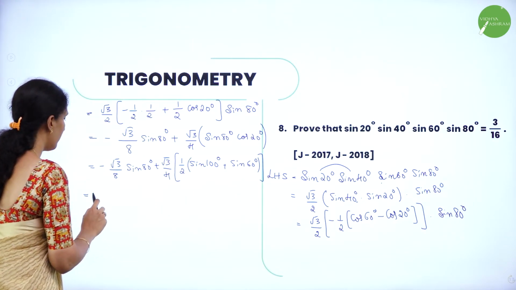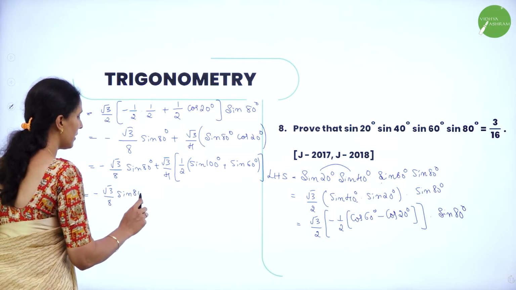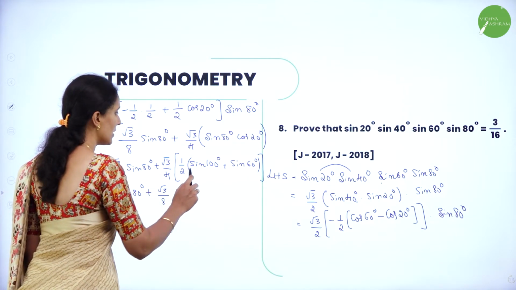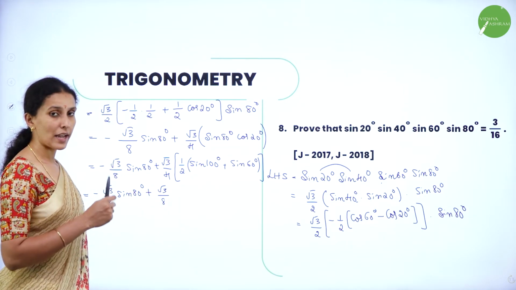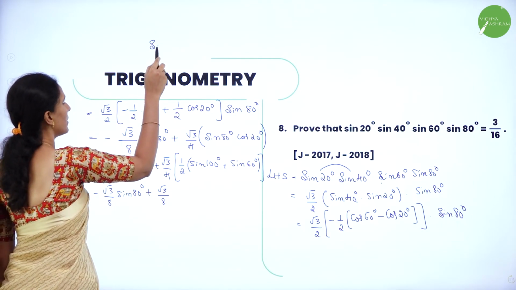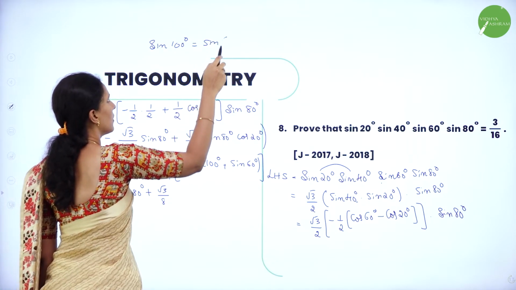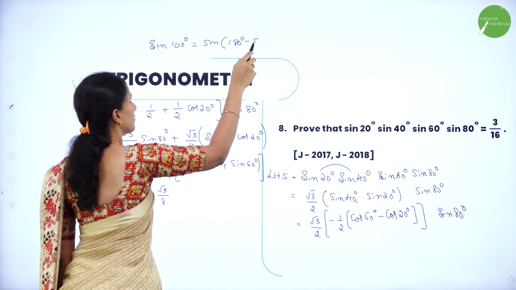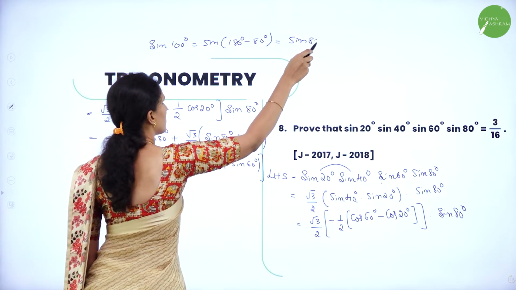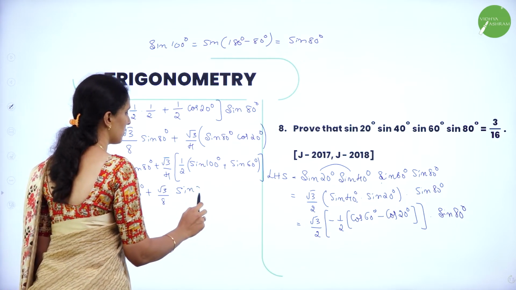Now multiply, we will get minus root 3 by 8 sin 80 degrees plus root 3 by 8 sin 100 degrees. Sin 100 degrees can be written as sin(180 minus 80), which can be written as sin 80.